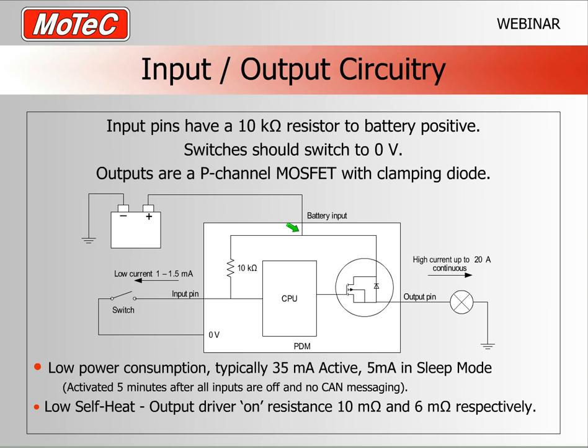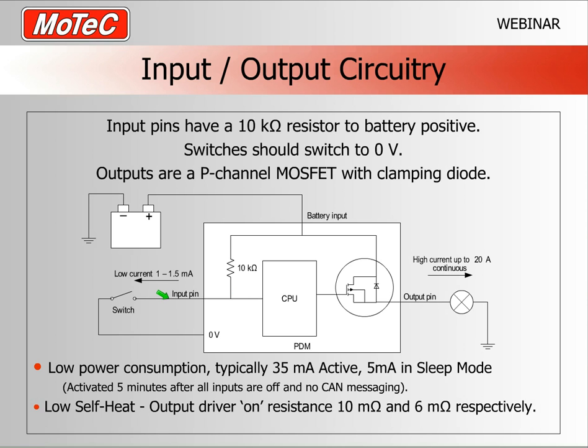And then what you have on the input pin is therefore a voltage which you can simply switch to ground in the same way that a set of ignition points would switch to ground. And that is the signal that the PDM uses to establish whether the switch is opened or shut. So that again is the way that most ECUs would input pins as well.